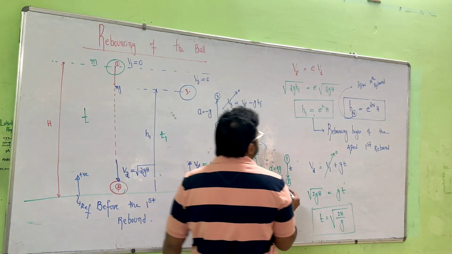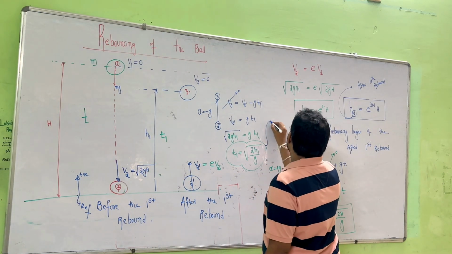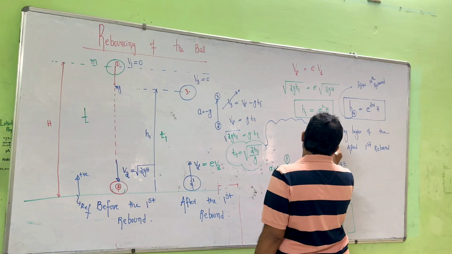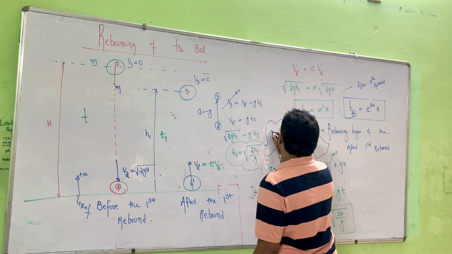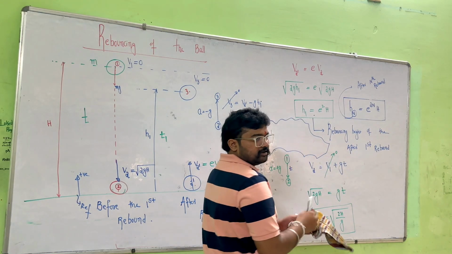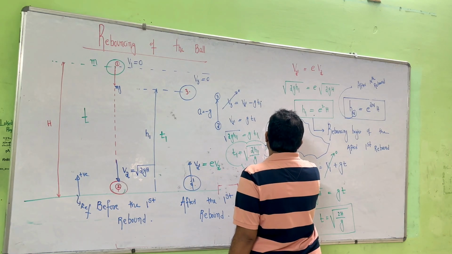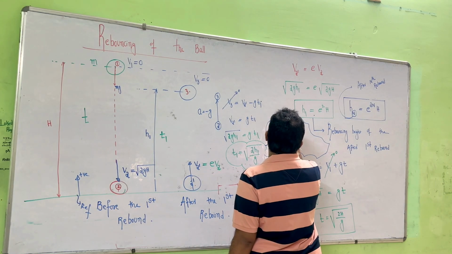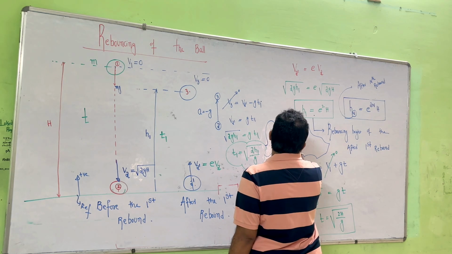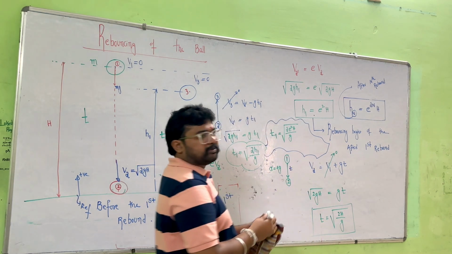So now tell me, h1 equals how much? t1 can be written as the square root of 2 times e squared H by g.